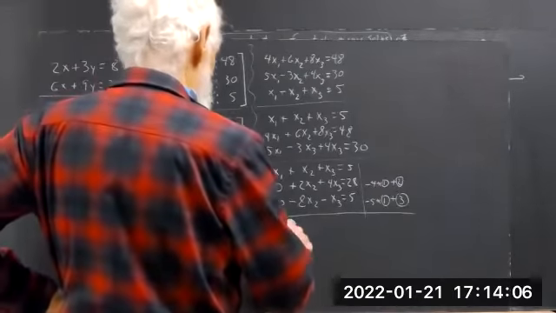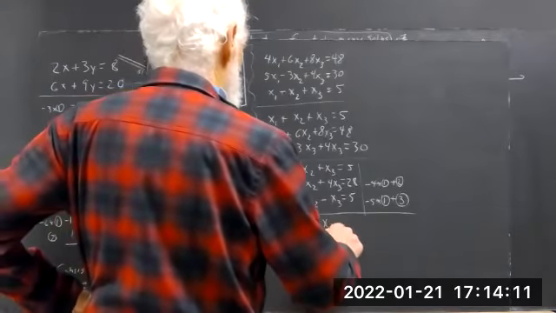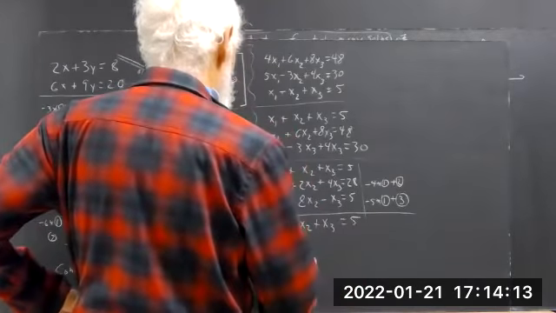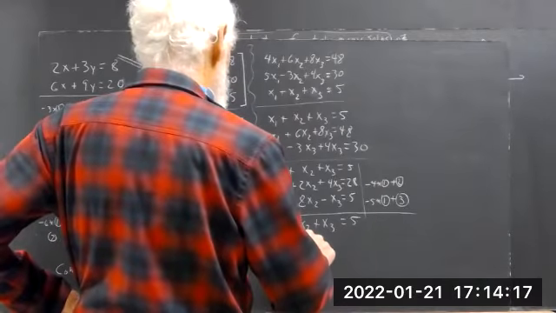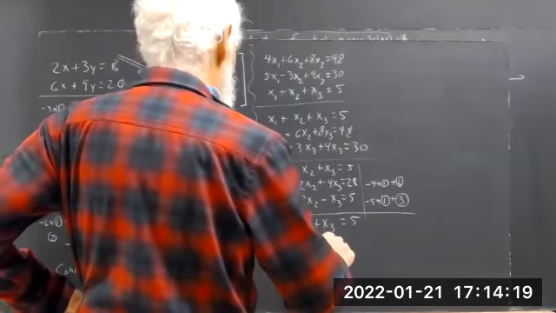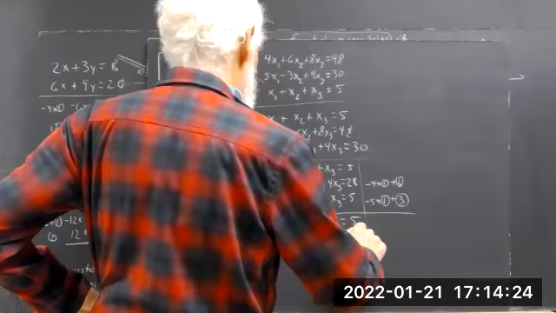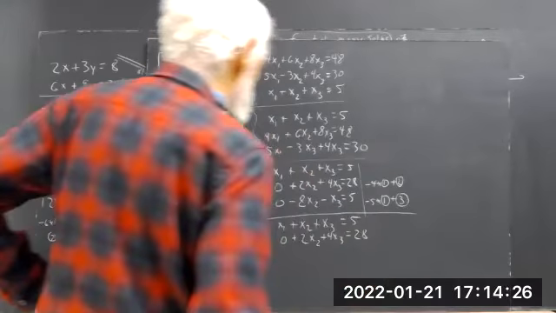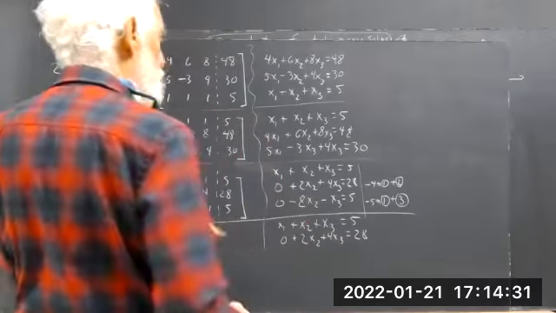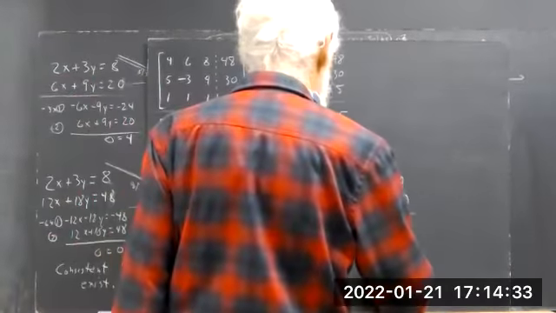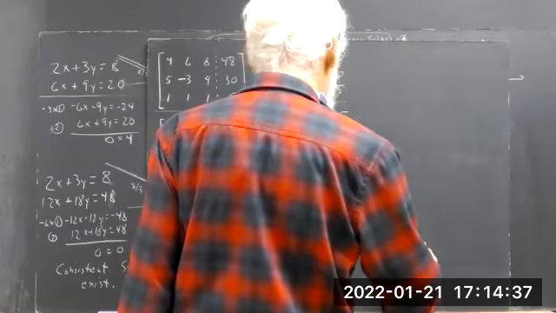Okay, so still have x1 plus x2 plus x3 equals 5. We have 0 plus 2x2 plus 4x3 equals 28. And then we're going to add 4 times the second equation to the third equation.